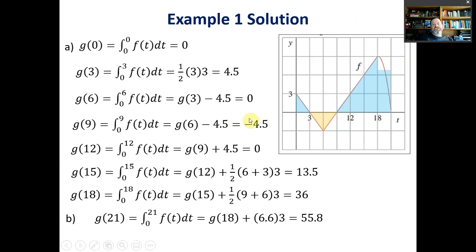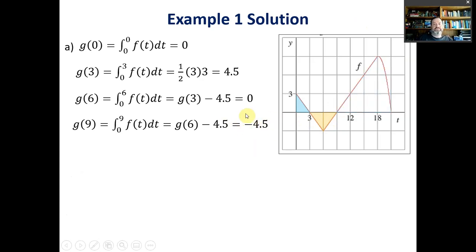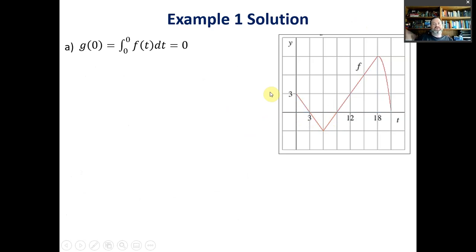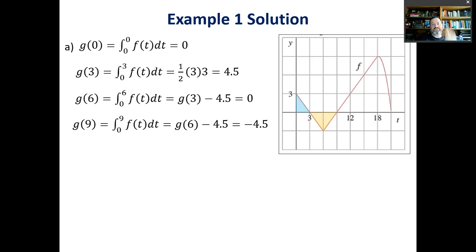Well, we can see it's G of 9, right? It's negative 4.5. So what was going on back there? Well, let's do the whole thing again. Up, goes down, goes down. This has to be the minimum because every other thing that we add is adding a positive amount of area.